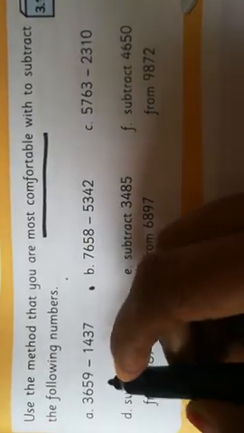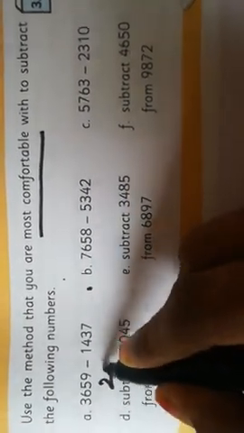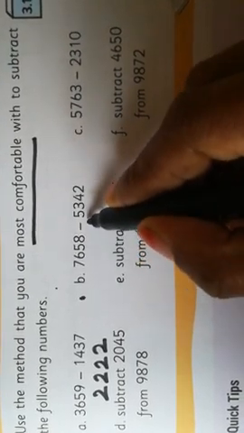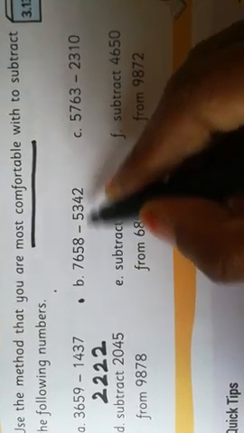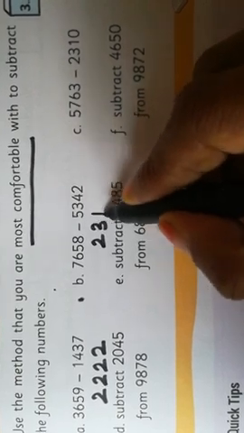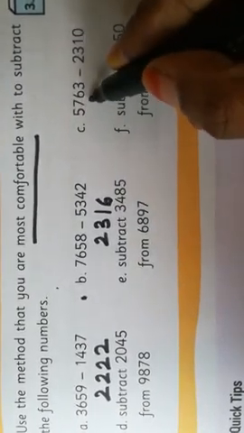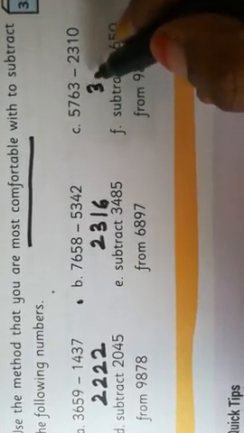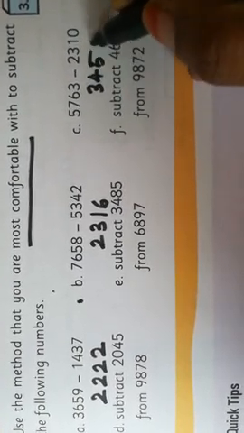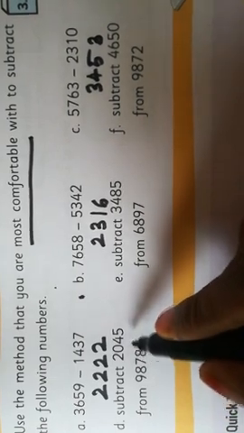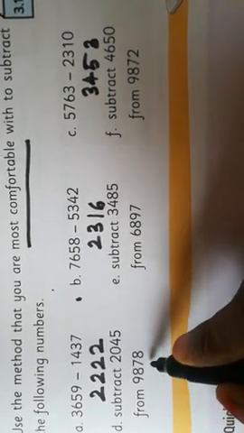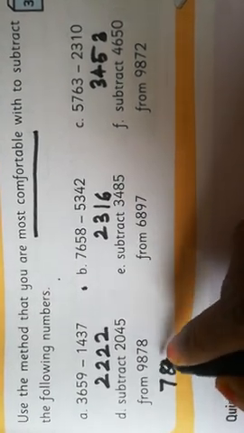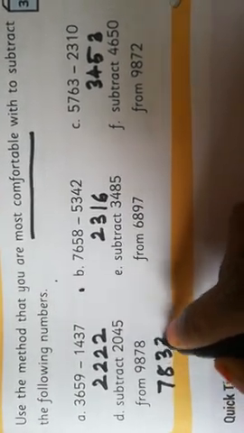For the first option we are getting answer 2222, children. B option 7658 minus 5342, we are getting 2316. 5763 minus 2310, we are getting 3453. Subtract 2045 from 9878, you are getting 7833.